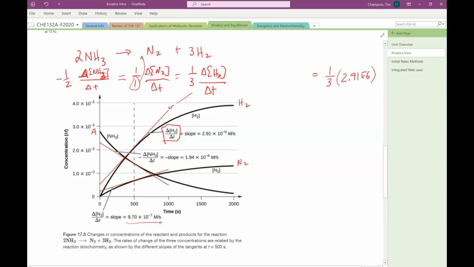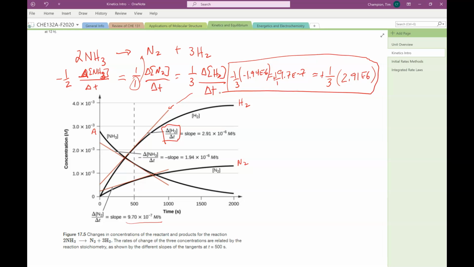It's 9.7 times 10 to the negative 7th, and then the NH3 rate is negative 1.94 E-6, and then we'd say that this is negative 1/2, positive 1 over 1, and that's the positive 1/3 there. So that's plugging those numbers in, and if you go through and process those, you'll see that those are pretty close to each other.